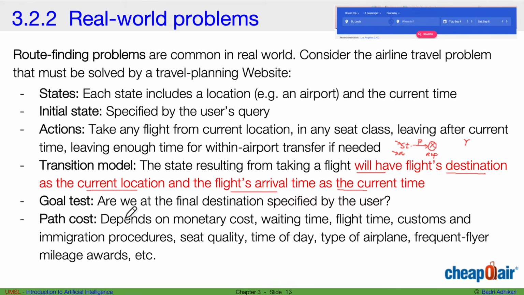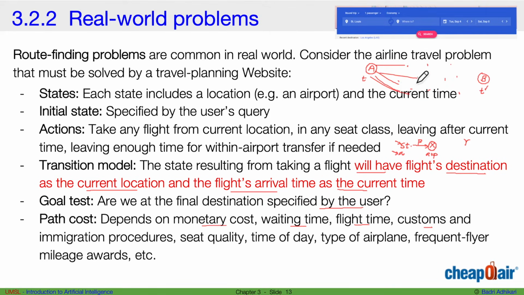The goal test is simply, are we at the final destination specified by the user? And the path cost depends on many things like monetary cost, waiting time, flight time, customs, immigration, and so many other things. In other words, the problem here is you are in city A, you want to reach city B, you have a current specific time T, let's say you want to reach here by time T dash, and you have many other intermediate cities in the middle.